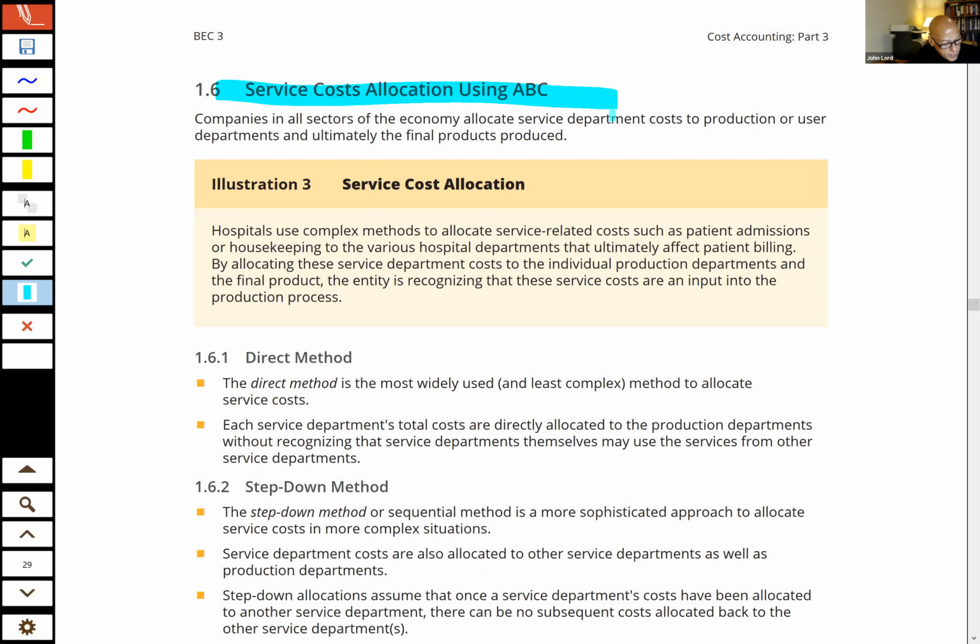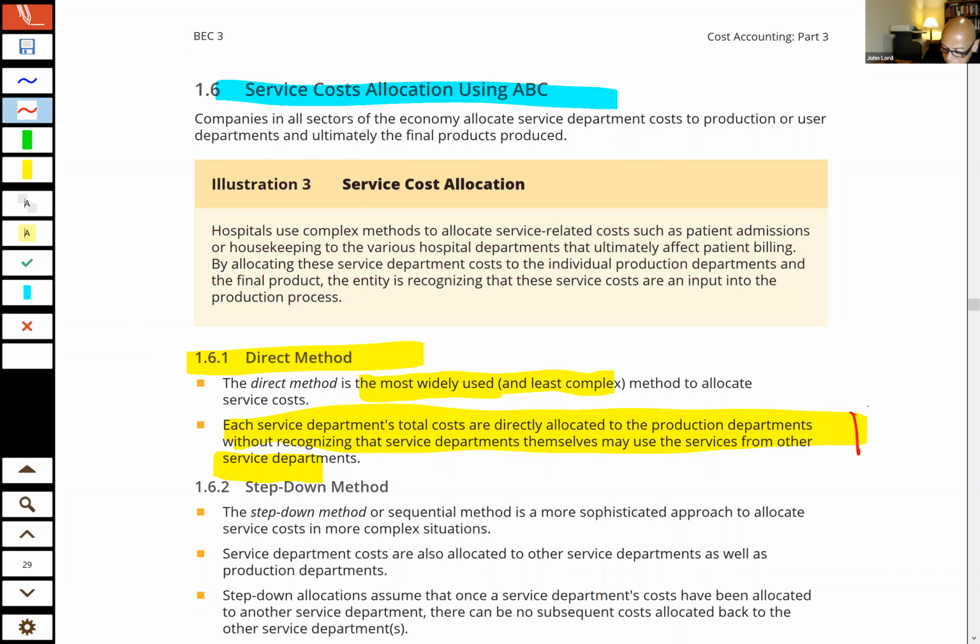So let's just go ahead, and there's two methods. There's the direct method, and the direct method is the most widely used and least complex. And each service department's total costs are directly allocated to the production departments without recognizing that service departments themselves may use these services from other service departments.